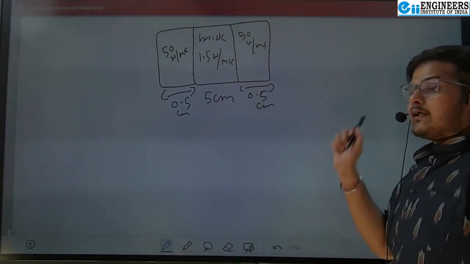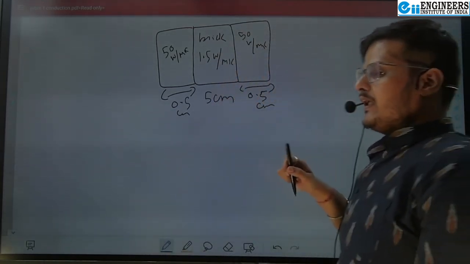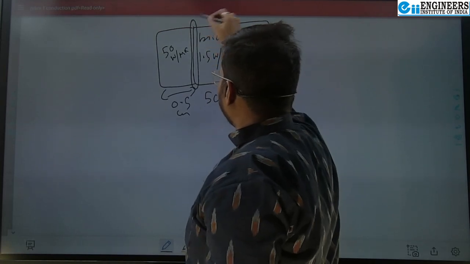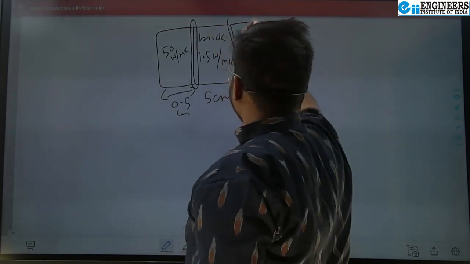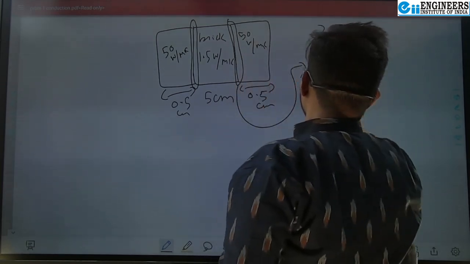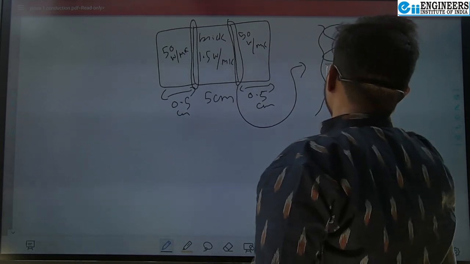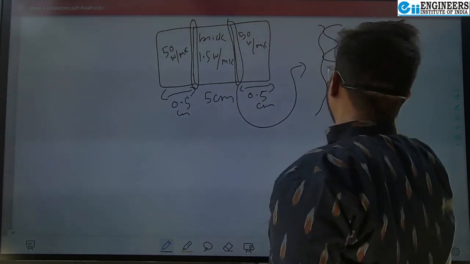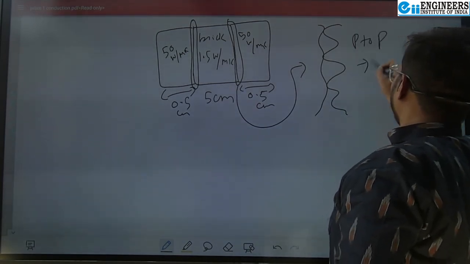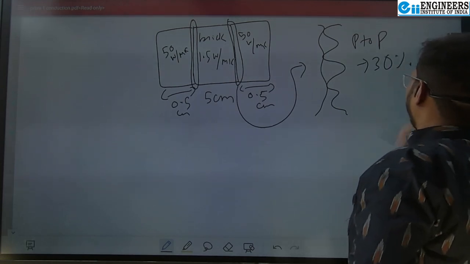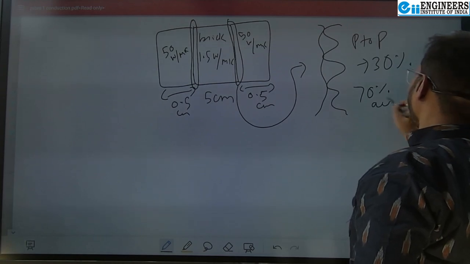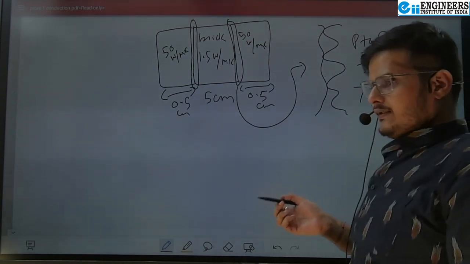Means the contact resistance concept is coming into the picture. The face of the brick that is in touch with this steel plate has a roughness, such that there is plate to plate 30% contact. That means the rest 70% is contacted by air, isn't it?